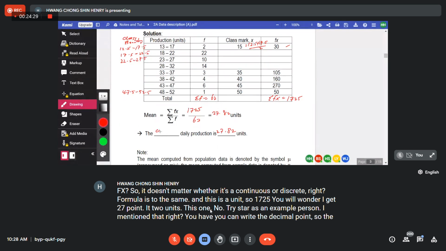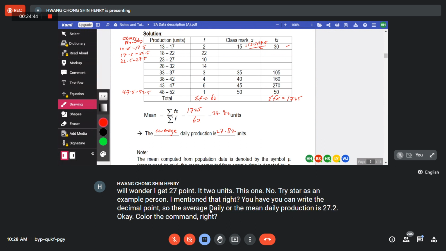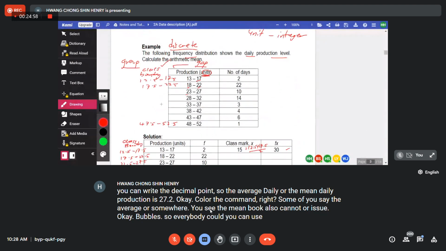So the average daily or the mean daily production is 27.82. The comment, right? Some of you say the average or some of you say the mean. Both also can. No issue. So everybody clear? You can use class boundary to be consistent.